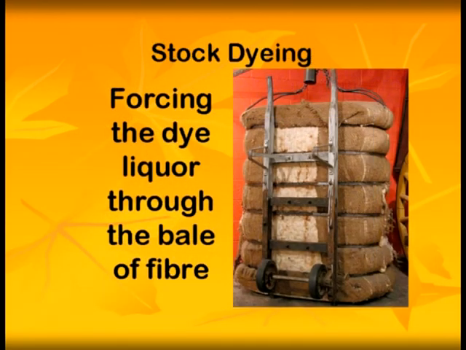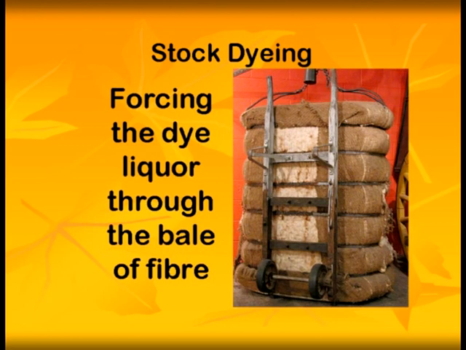The new method, bale dyeing, which is applicable to wool and all types of man-made fibers, is that of splitting the bale covering on all 6 sides, placing the entire bale in a specially designed machine.